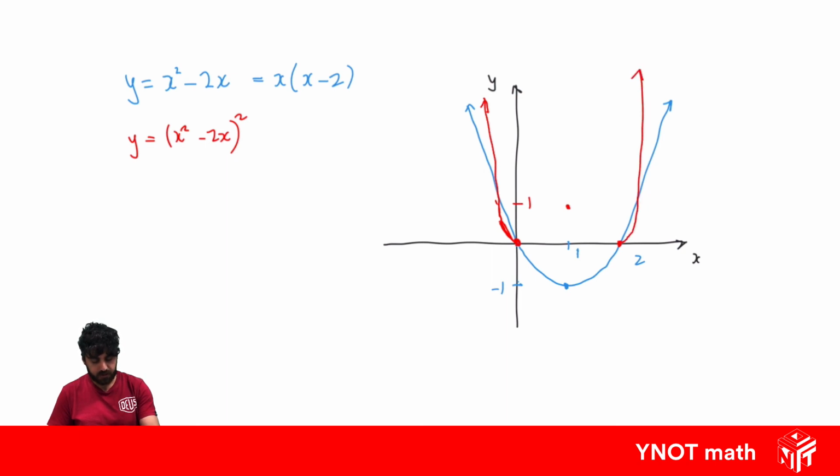Until we get past 1, that's when the values start going above the curve. Which means our graph also needs to hit this point up here, and we're going to get something like that for our original function squared graph.